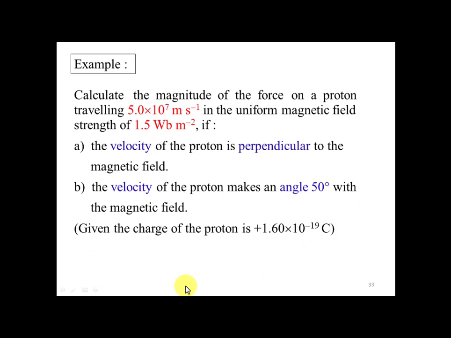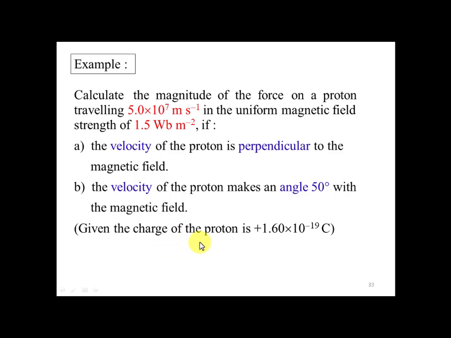Let's take a look at the example. Calculate the magnitude of the force on a proton traveling at 5 times 10 to the power of 7 meters per second in a uniform magnetic field of strength 1.5 Weber per meter squared, if the velocity of the proton is perpendicular to the magnetic field, and if the velocity of the proton makes an angle of 50 degrees with the magnetic field.